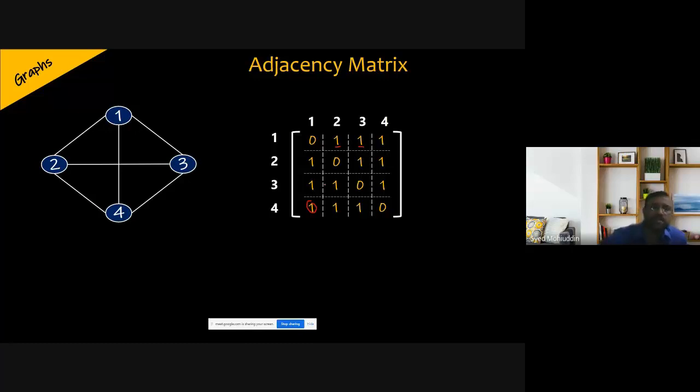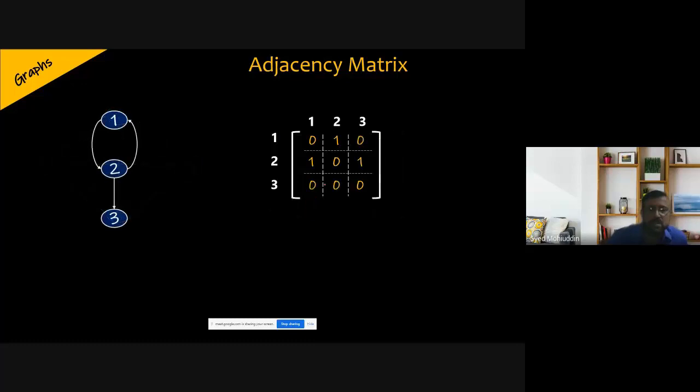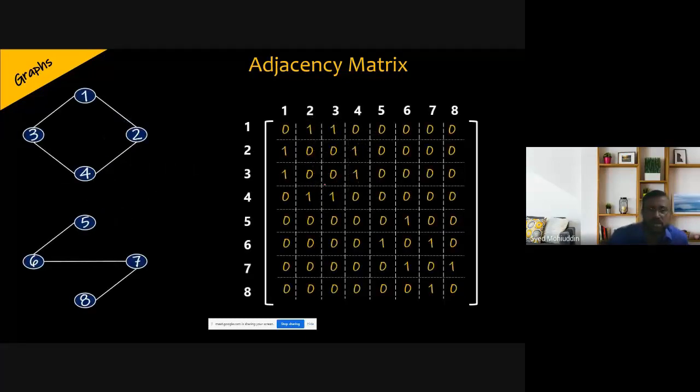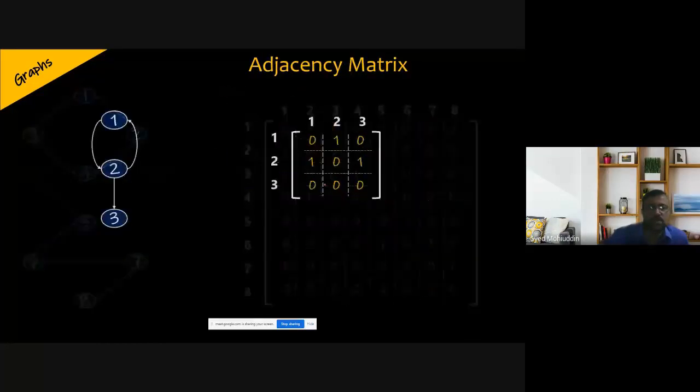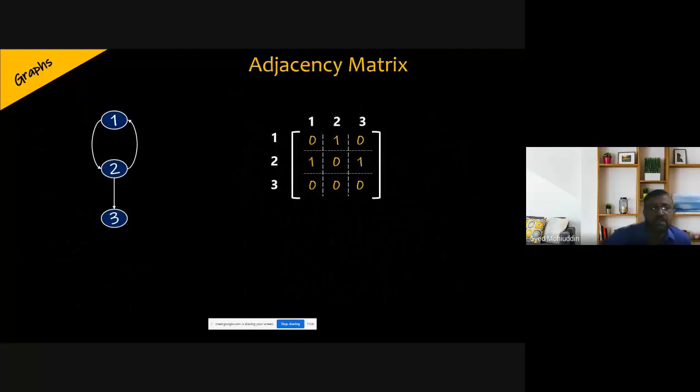But suppose there is a weighted edge, this is a representation of another graph. Suppose the edge has weight. For example, from 1 to 2, the weight is 2. From 2 to 1, assume that the weight is 4. This is a directed graph.